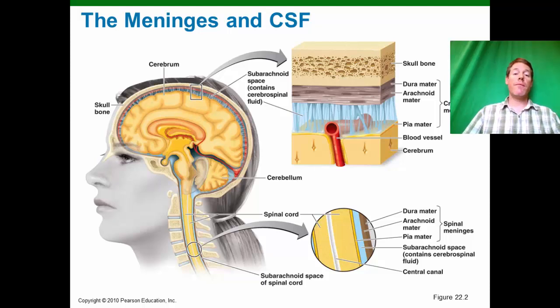The meninges and the cerebrospinal fluid are depicted here in this figure from your textbook, figure 22.2. So notice, first of all, on the top right there, this inset diagram shows the skull bone on the outside, and underneath are the three layers of the meninges: the dura layer, or outer layer, the arachnoid layer, under which is the subarachnoid space and the cerebrospinal fluid, and then the pia layer, which is the inner layer.